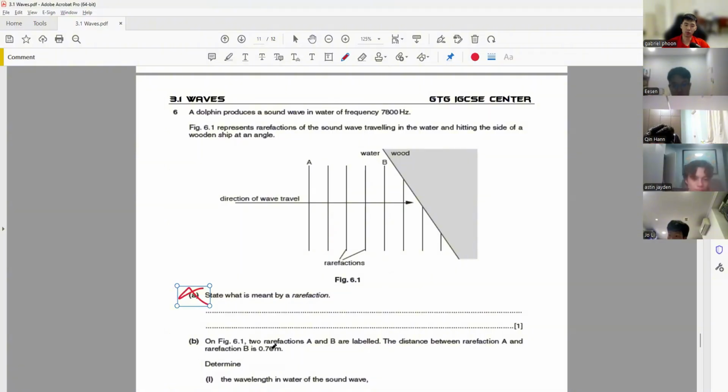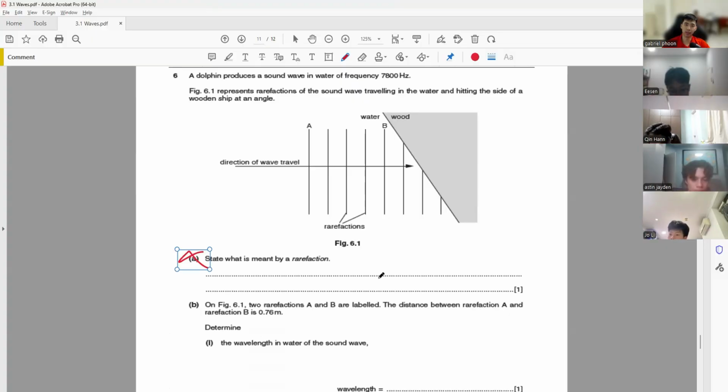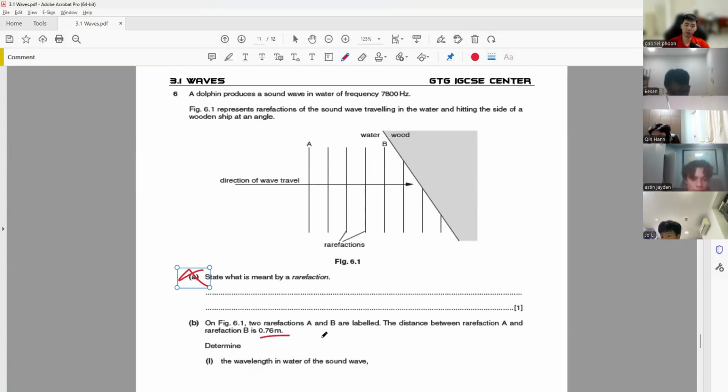Figure 6.1 shows two rarefactions A and B. Determine the wavelength, given that the distance from A to B is 0.76. Hayden, how much is the wavelength? I'm not sure. How do I use the 0.76?